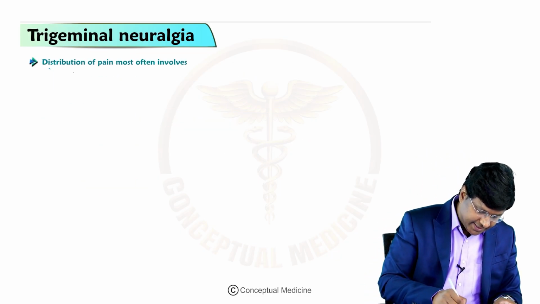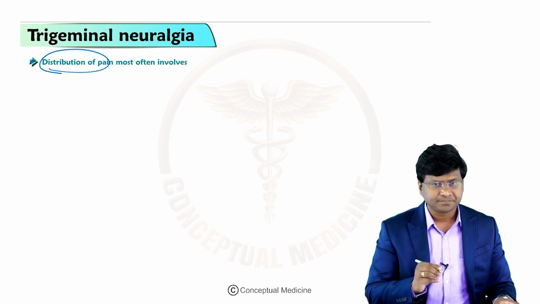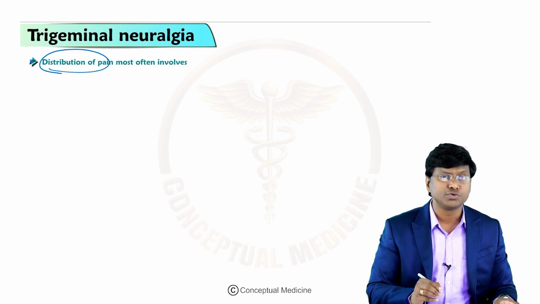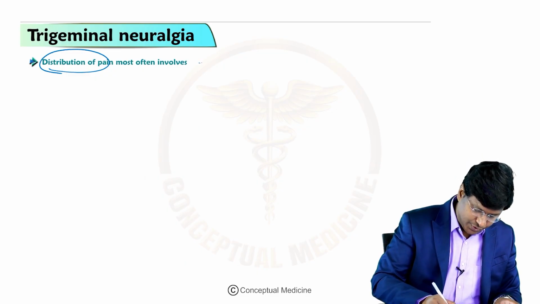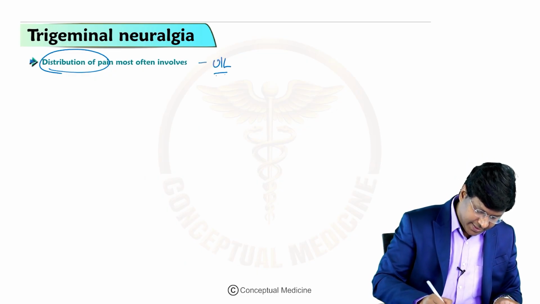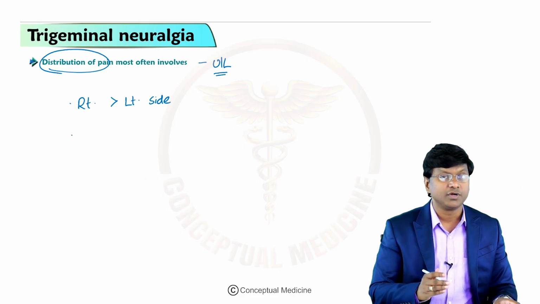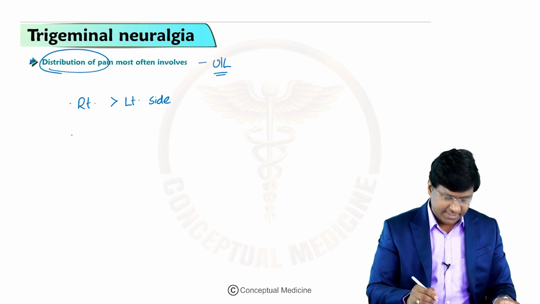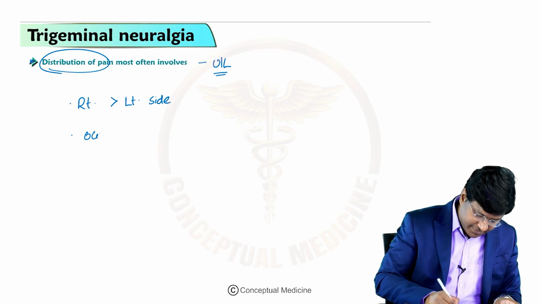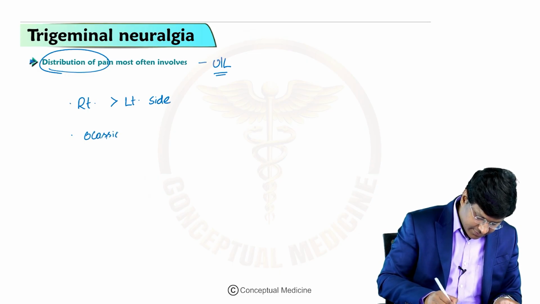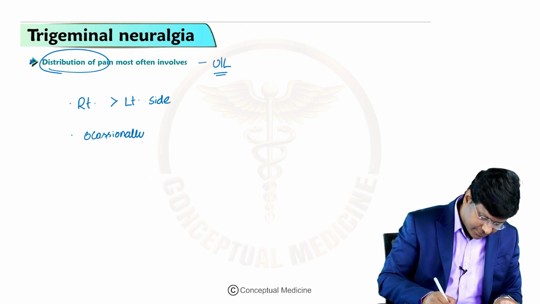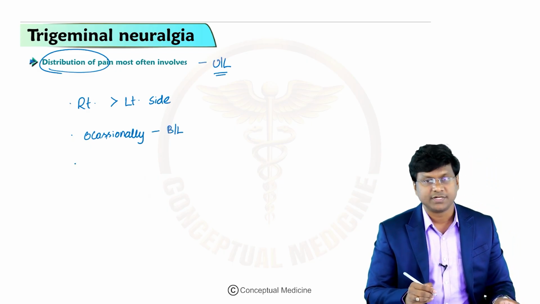And where exactly is the distribution of the pain? It most often involves one side, unilateral, and it is more common on the right side than the left. Occasionally, though rarely, the pain may be bilateral as well.